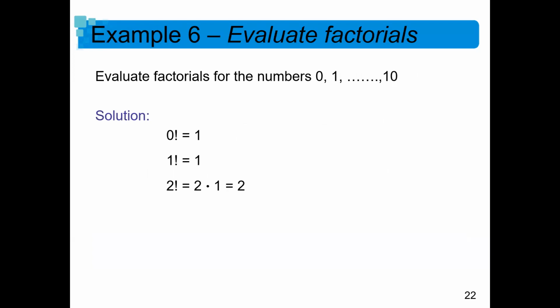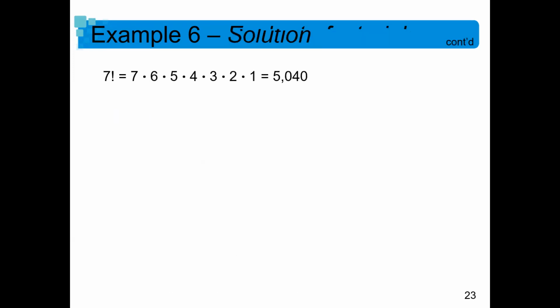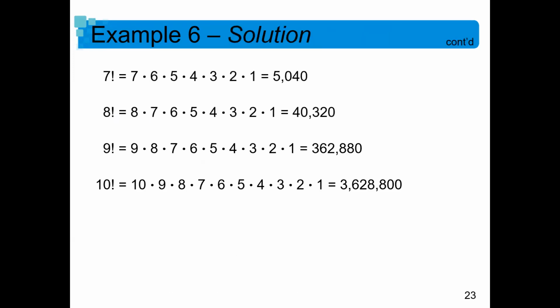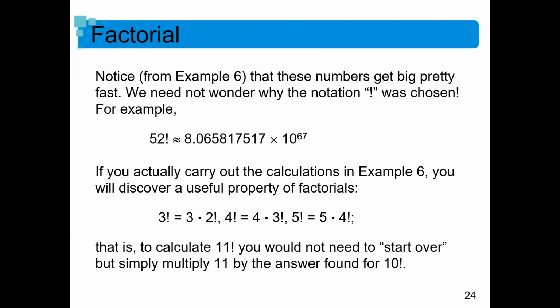So 2 factorial is 2 times 1 equals 2. 3 factorial is 3 times 2 times 1 equals 6. 4 factorial is 4 times 3 times 2 times 1 equals 24, and so on and so forth. Notice that these numbers get really big really fast.